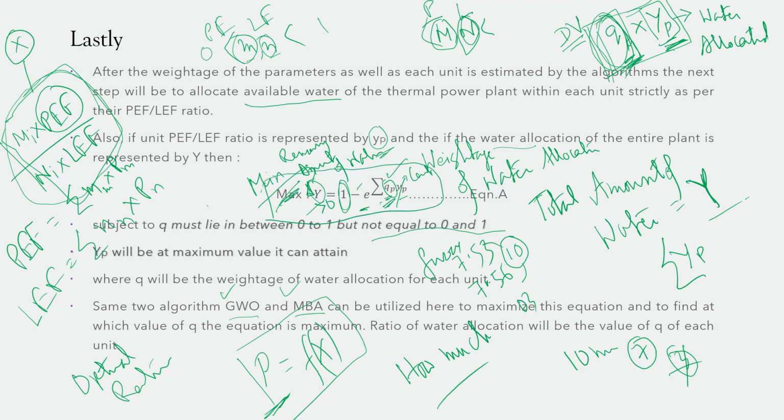This is not max, this is min, sorry. By using this equation as the objective function, QP, the weightage of water allocation, or the ratio of water allocation, whatever way you may say it, QP is the design variable, and YP is constant. This YP is actually the water already allocated. You can take any instance as you wish. So with this, I finish this presentation or the video walkthrough of this internship program.